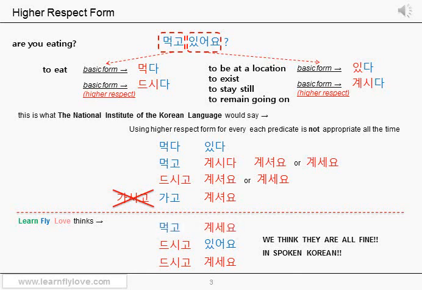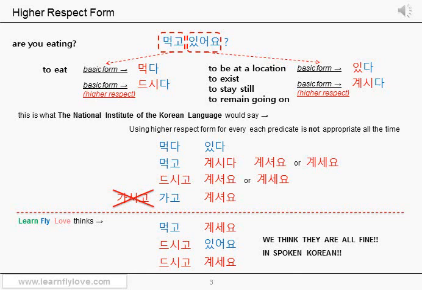So 먹고 계세요 with the higher respect form of only the last predicate, 드시고 있어요 with only the first predicate, and 드시고 계세요 with both of the predicates, they all sound fine to me, whatever the National Institute of the Korean Language says.